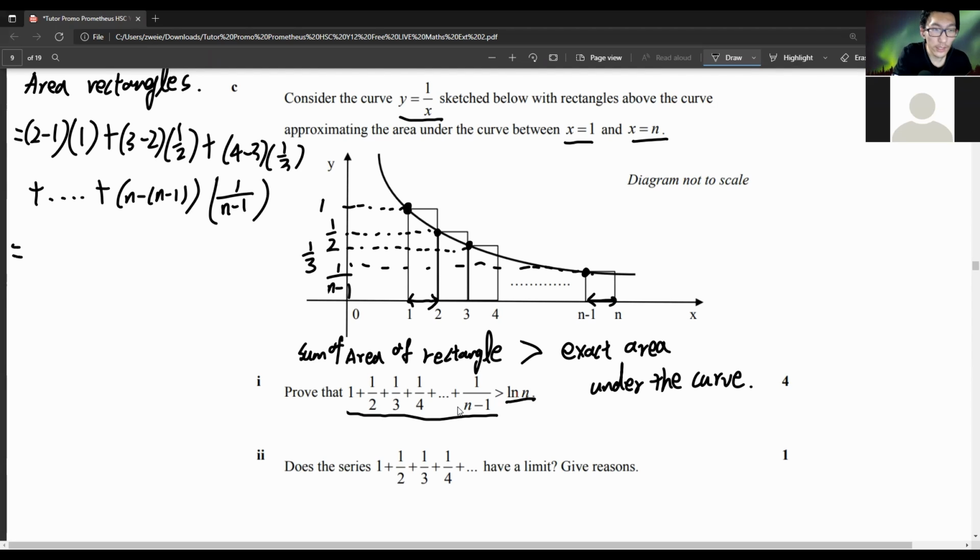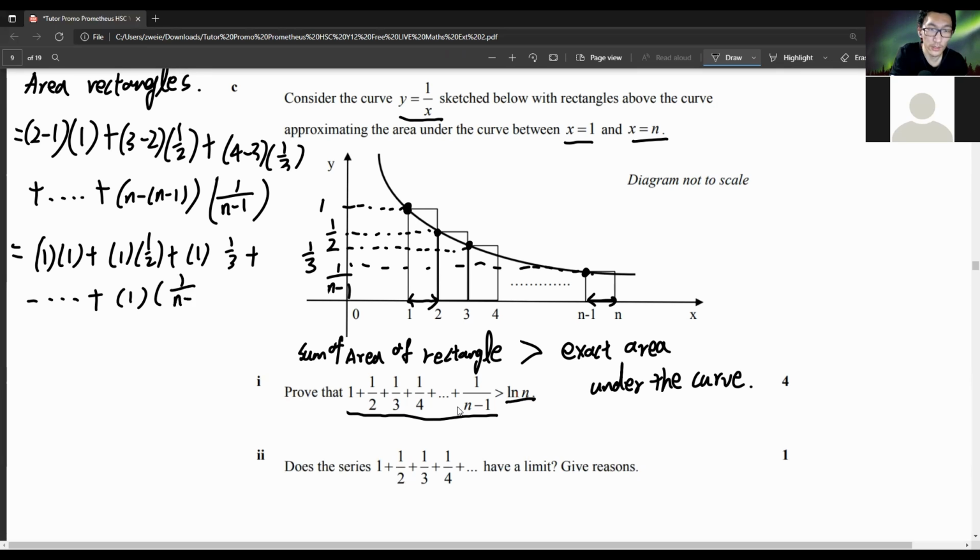And by simplifying, you get 1 times 1 plus 1 times a half plus 1 times 1 on 3 plus all the way onto your last term, which is again n minus 1. n and n minus 1 only differ by 1, so 1 on n minus 1. What we get is just 1 plus half plus 1 on 3 plus 1 on n minus 1.